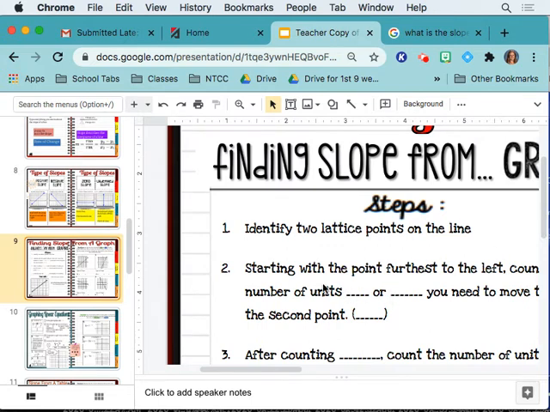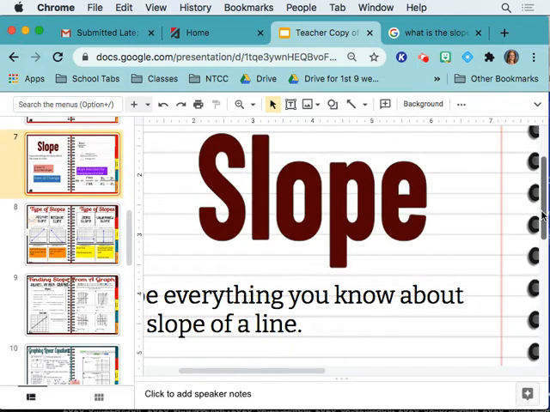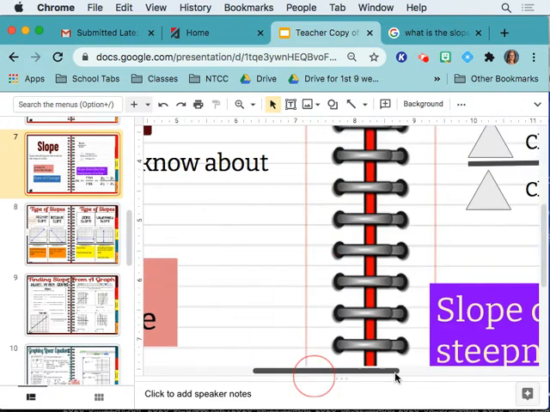Lattice. It's gonna happen. Starting with the point furthest to the left, count the number of units blank you need to move to get to the second point. Whenever you do slope, do you count left and right or up or down first? Think about slope. What is slope? Rise over run.